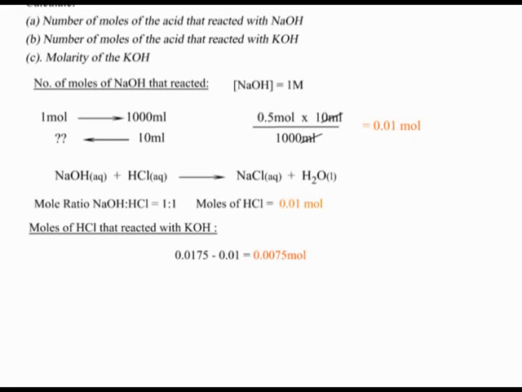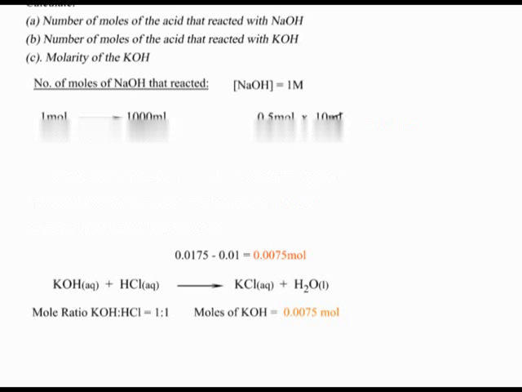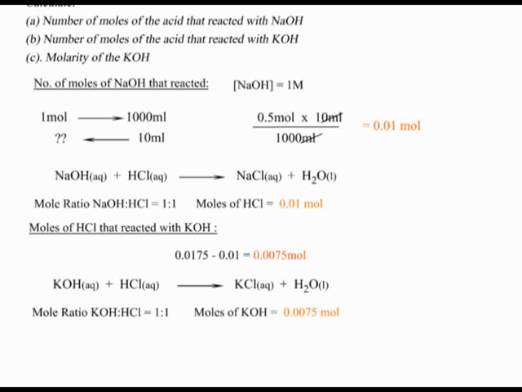From here, we can get the number of moles of potassium hydroxide that reacted from the first experiment. We get the mole ratio from the equation. There it is. The ratio is 1:1. Moles of potassium hydroxide equal the moles of hydrochloric acid. That's 0.0075. This number of moles are contained in 15 milliliters of potassium hydroxide.